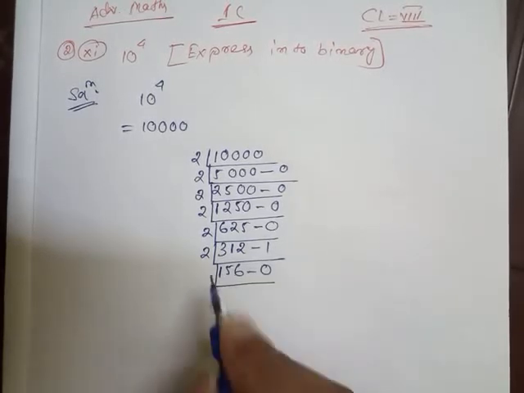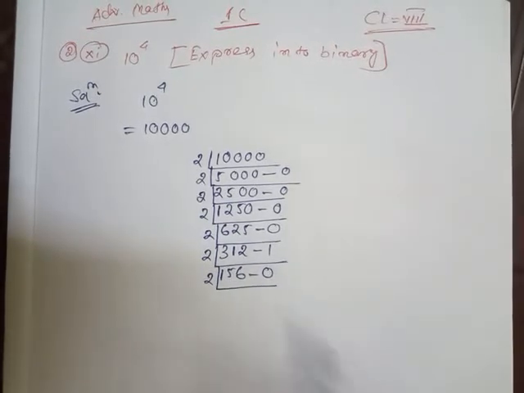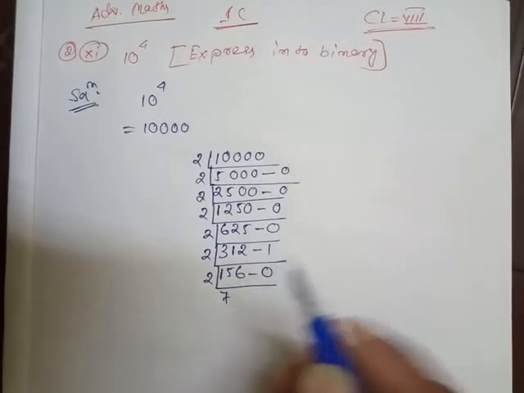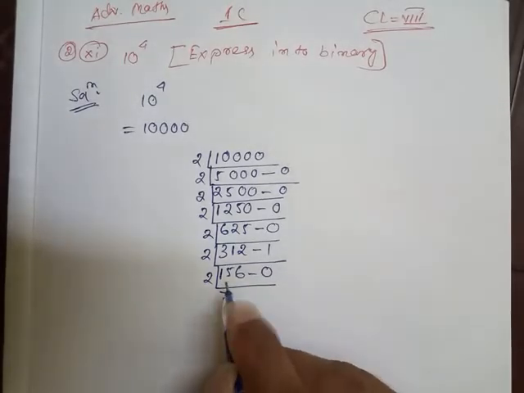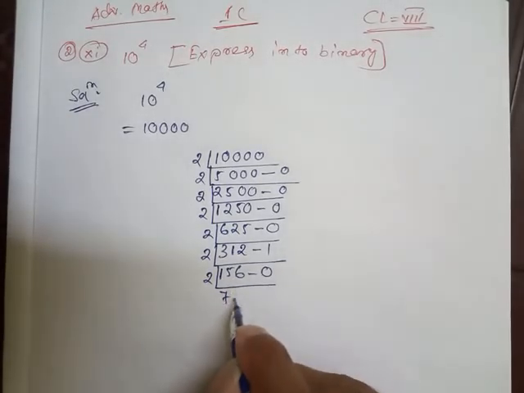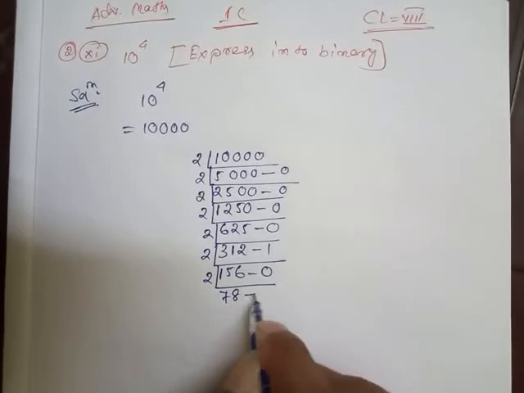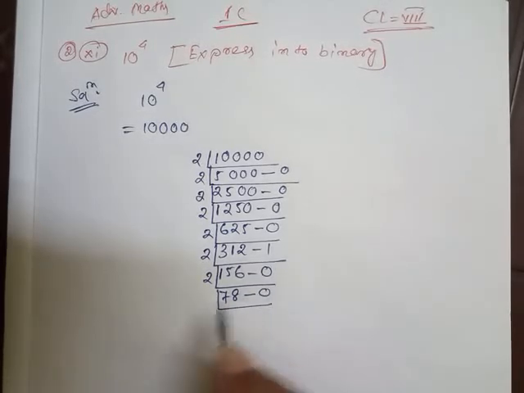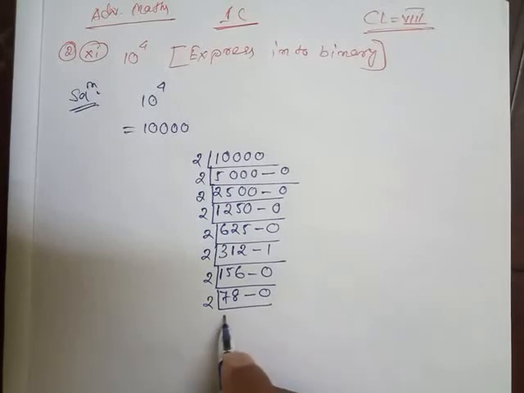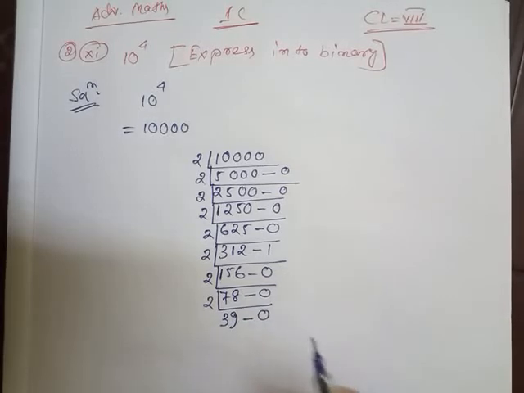So again with 2. 7 2s are 14, 1, then 6 means 16, so 8 2s are 16, remainder is 0 again. So we'll go for division again with 2. 3 2s are 6, 7 minus 6 is 1, 18 means 9 2s are 18, remainder is 0.